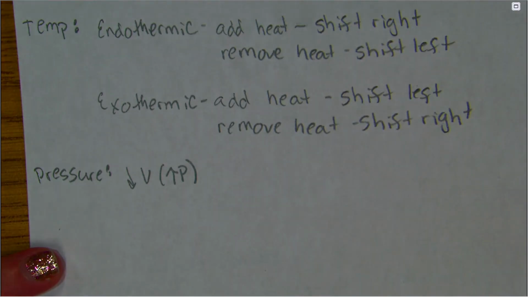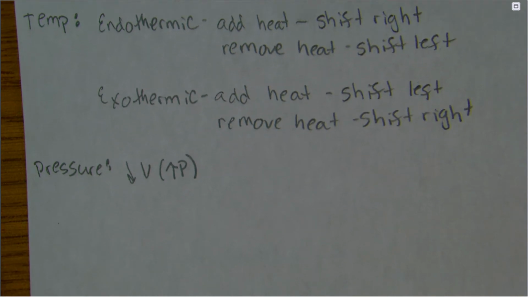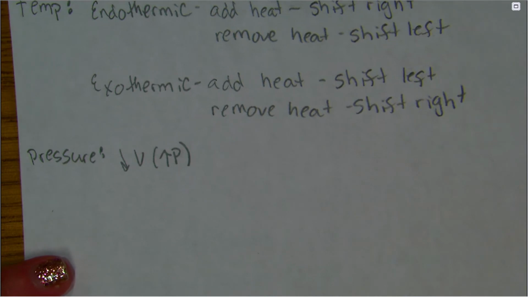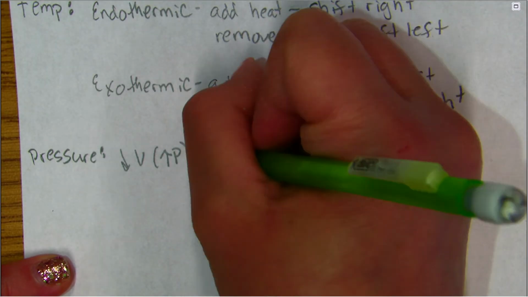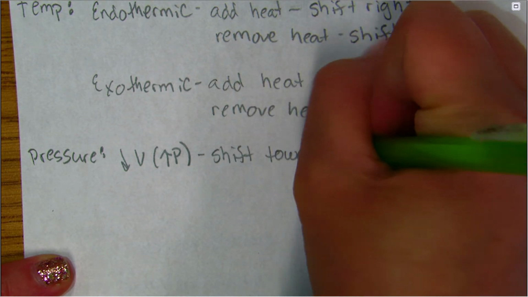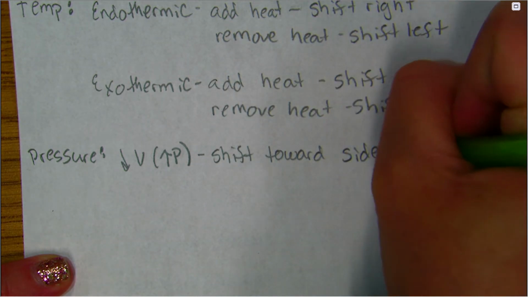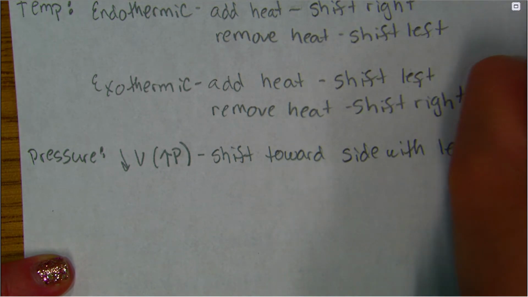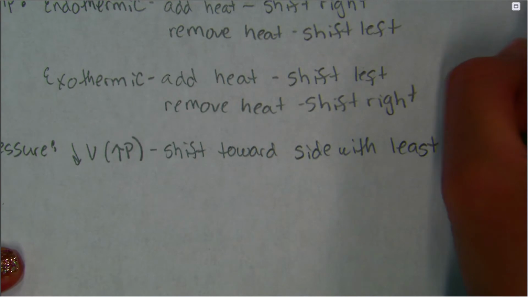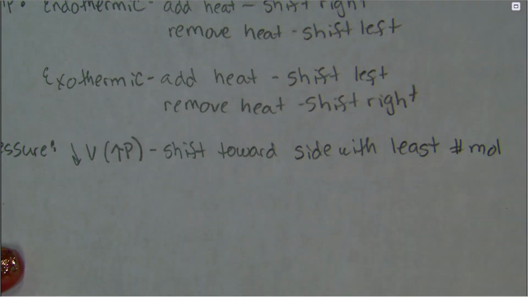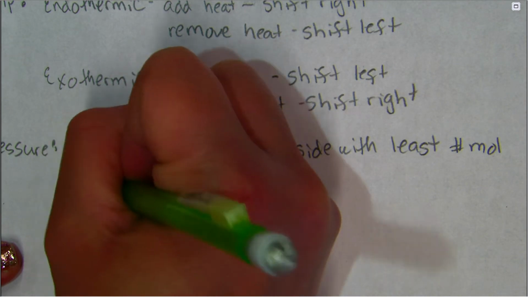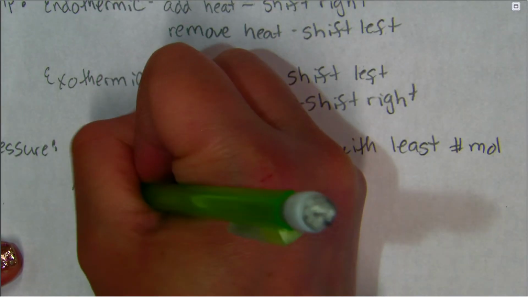So a decrease in volume increases the pressure, and I am going to shift towards the side with the least number of moles. If I increase volume, that is going to decrease pressure.